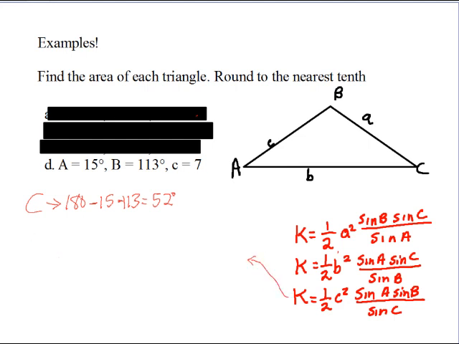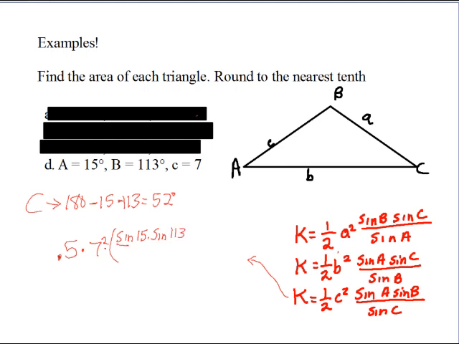So let's do 0.5 times c squared, so it's going to be 7 squared. Okay, and then in parentheses, sine of 15 times sine of 113.